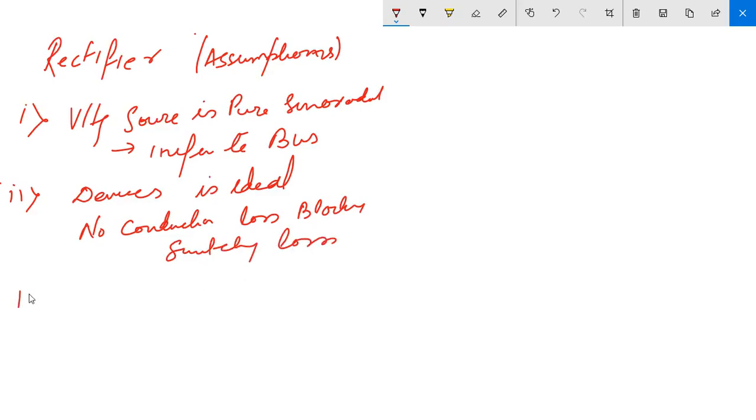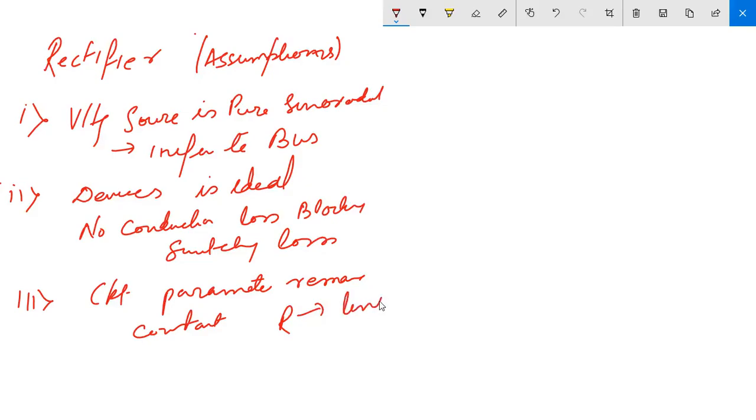And the third assumption is that the circuit parameters remain constant. That means if you have an R load, the R load does not change with respect to temperature. It remains constant.